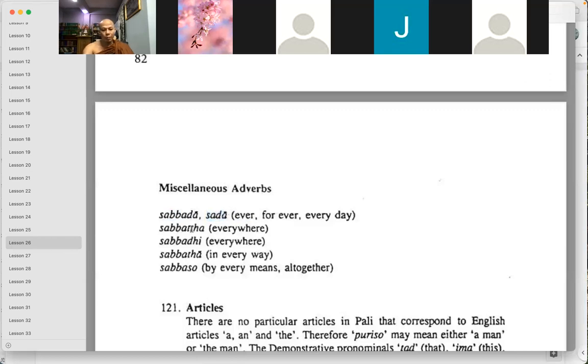The same way, ta is the local adverb suffix. Sabba means every, so sabbata means everywhere. Sabbadi is also everywhere.